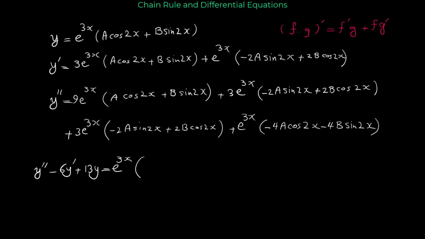So we factor e to the 3x, and now when I want to write y double prime, I am going to write everything except e to the 3x because I factored it in the beginning. So y double prime would be 9 times a cosine 2x plus b sine 2x. Attention, we factored this, so we have to write only 9 and this bracket.